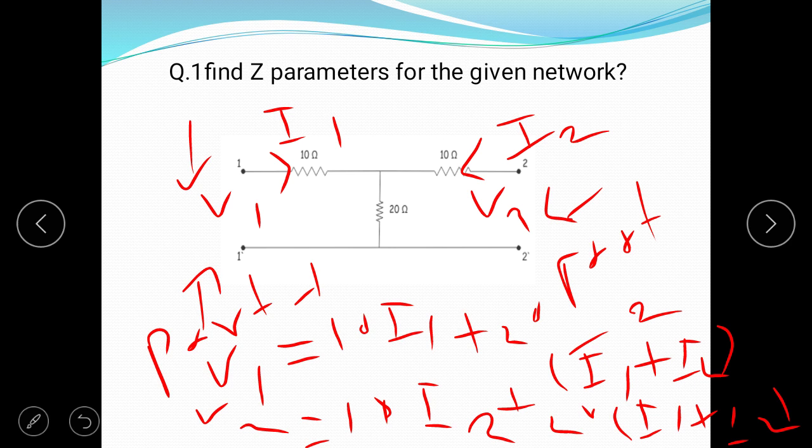In the next class we will discuss admittance parameters or Y parameters, which are known as short circuit parameters of the two-port network.